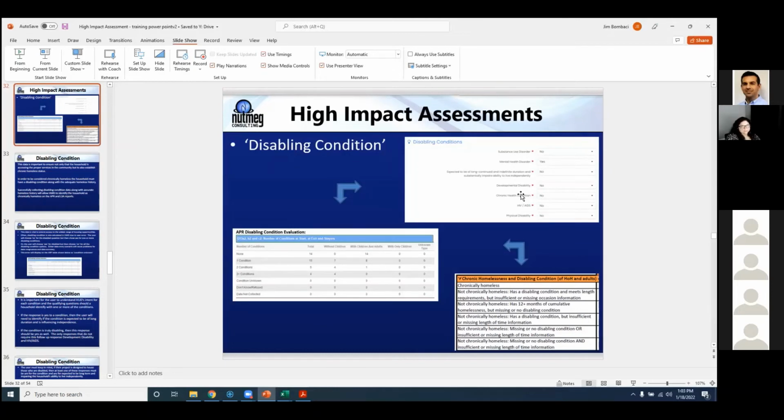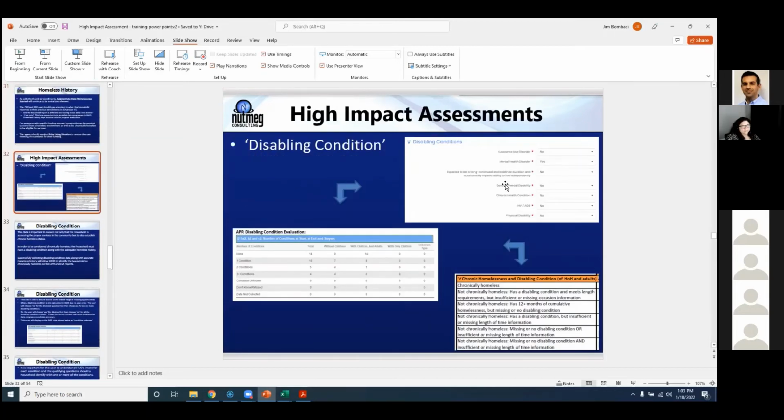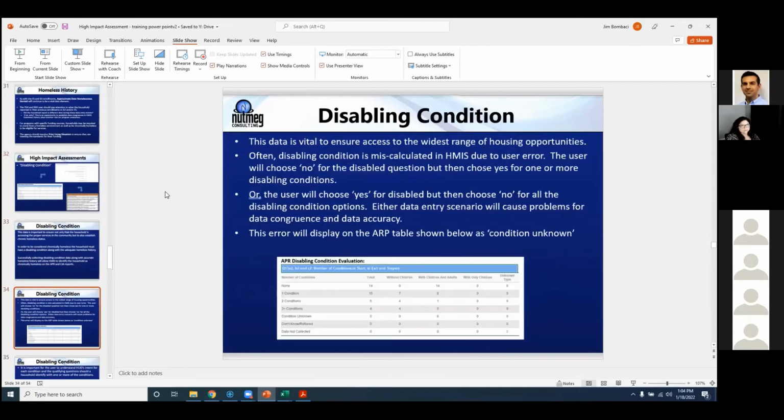That's, again, not HUD's list of intended reasons for chronic health condition. Also, developmental disability. For somebody to be yes for developmental disability, they had to have been diagnosed prior to the age of 21. In some states, it's prior to the age of 18. So just make sure you understand those rules before saying yes to the developmental disabling condition. But I'll provide that document so that can be sent.